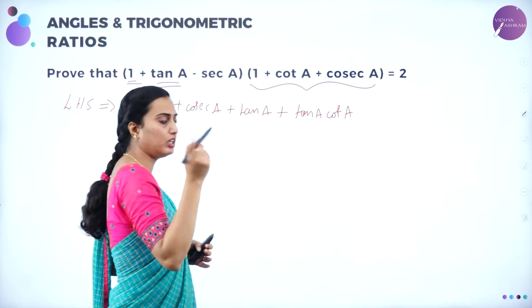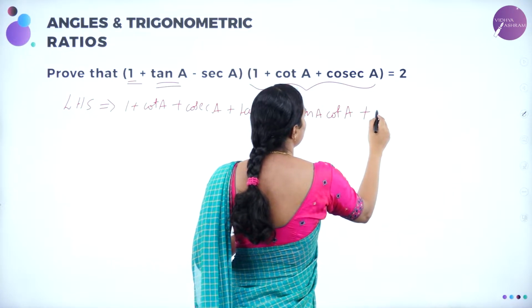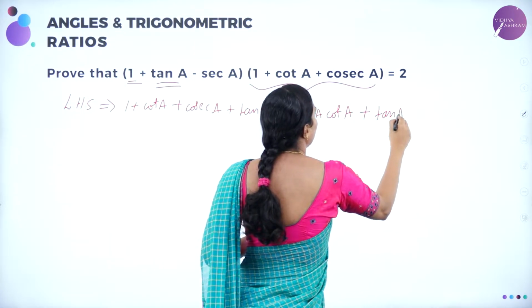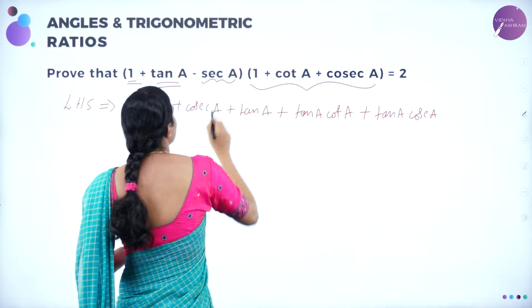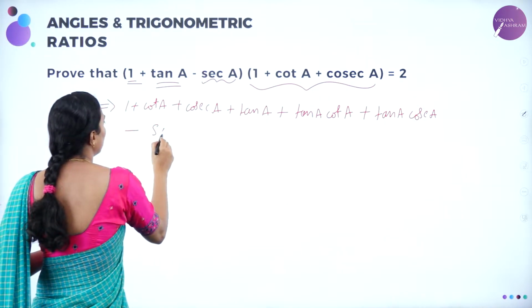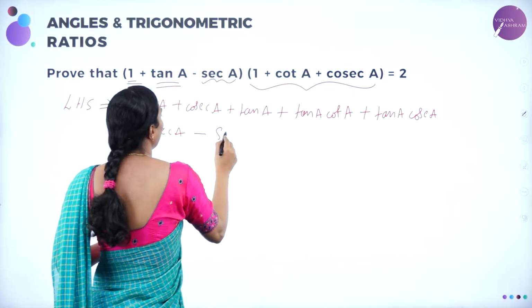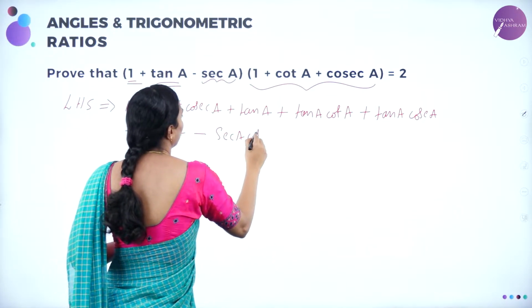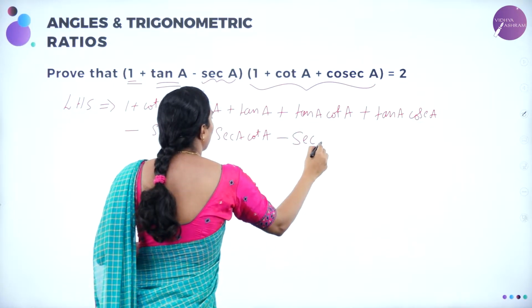It will get cancelled, remaining the value 1. Again tan A into cosecant A, plus into plus is plus. Again multiplying secant A with all the terms, minus into plus is minus, secant A into 1, minus into plus is minus, secant A into cot A. Again minus into plus is minus, secant A into cosecant A.